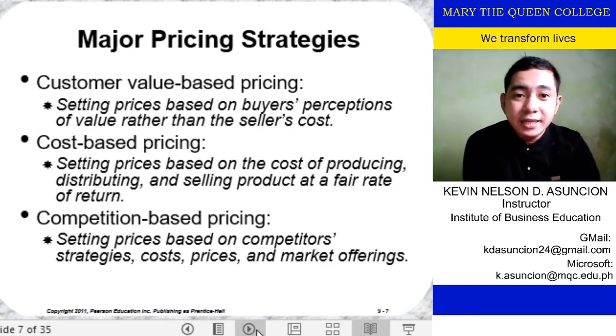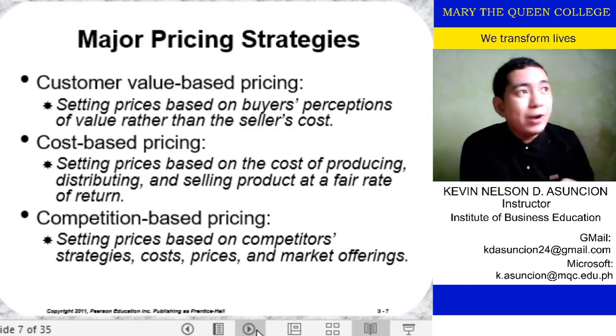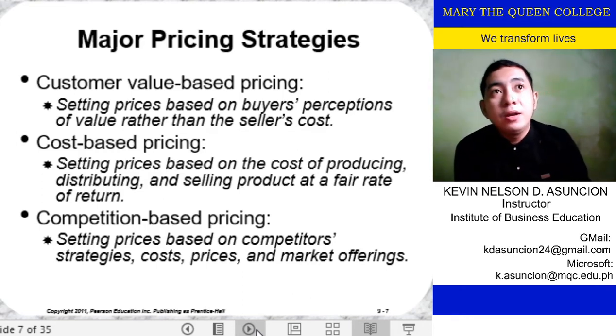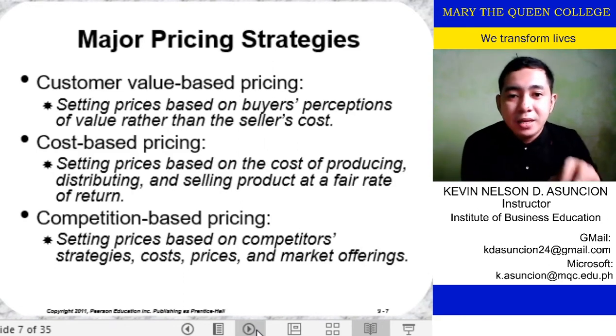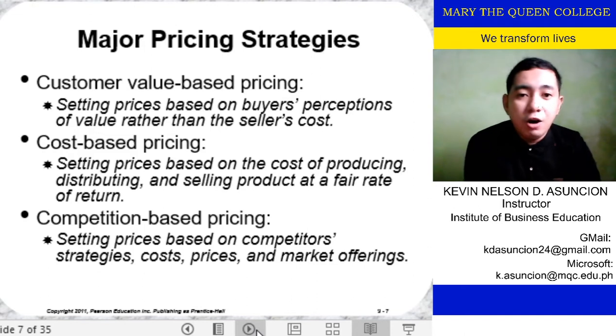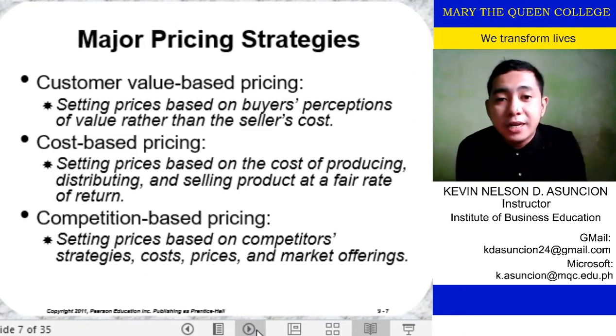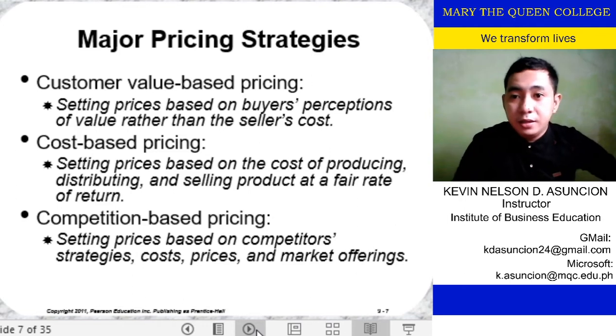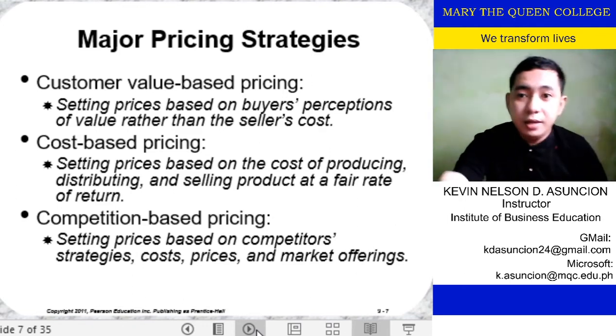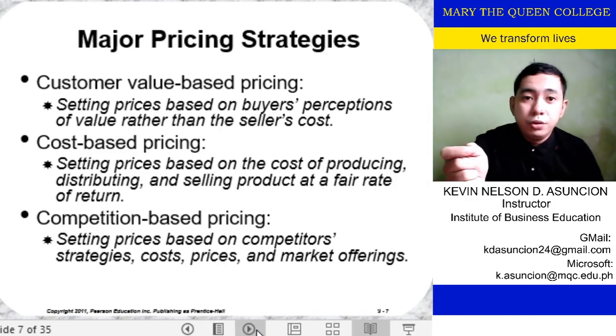And then lastly is competition-based pricing. Kailan nangyayari to? You get to price the product depending on the existing average or existing price range of the competition or the same market offerings present in the market. So kung ganyan ang bentahan dyan, ganyan din ibebenta yung produkto.